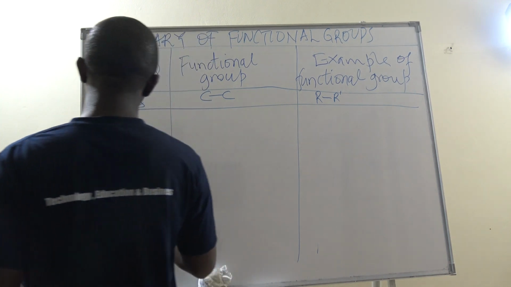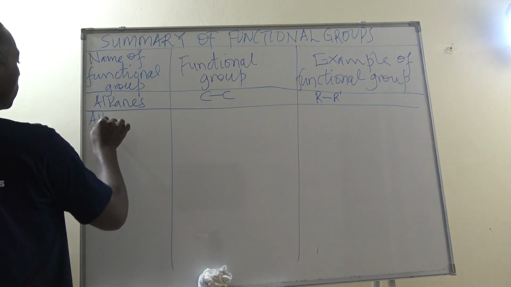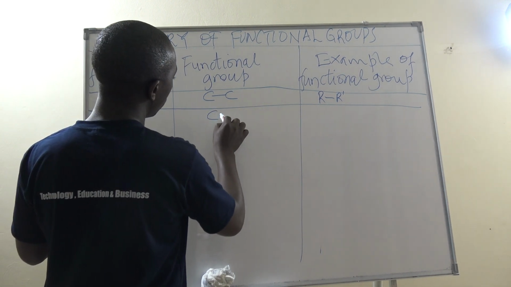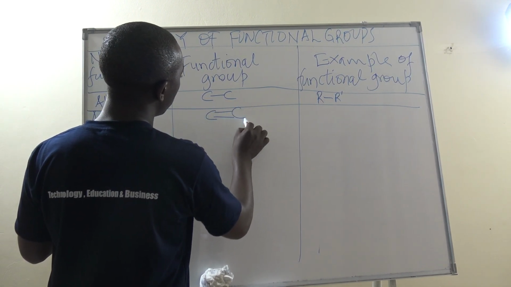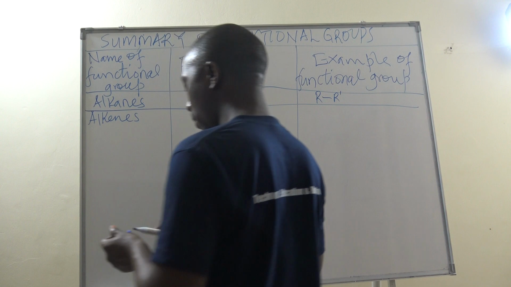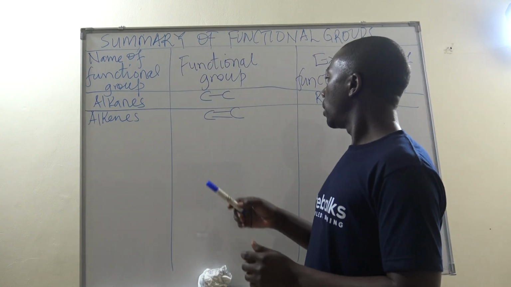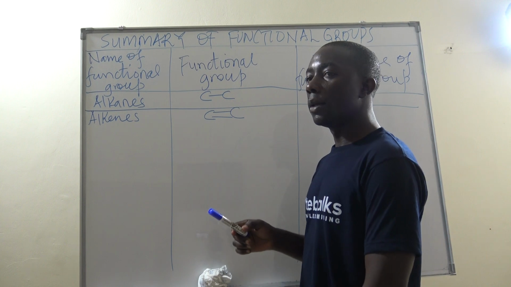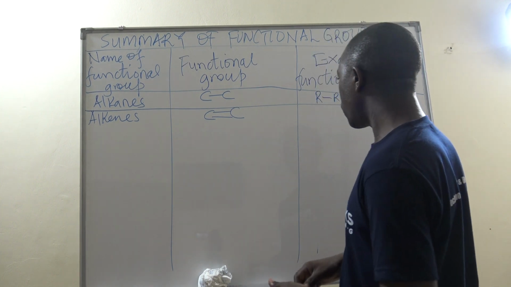Another group is alkenes. The functional group in alkenes is a carbon-to-carbon double bond. When writing the bonds, they should enter one carbon and touch the other carbon because they are between the two.